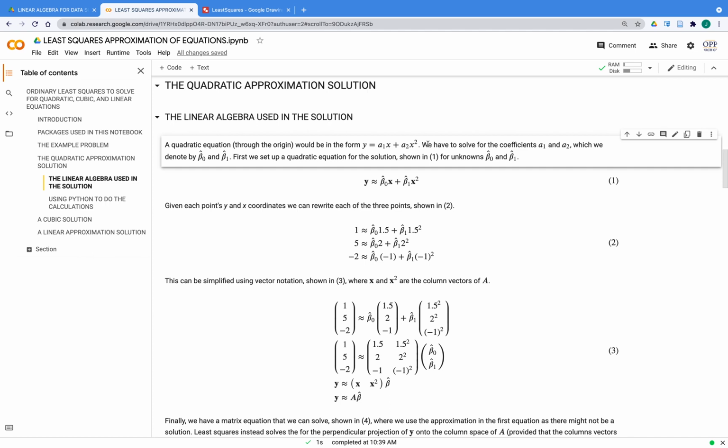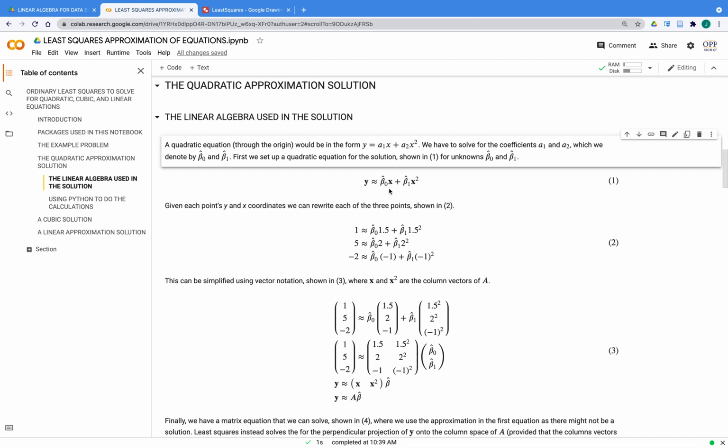So we use beta with a hat on, and for a sub 1, that specific coefficient, we can use beta sub 0, and for a sub 2, we can use beta sub 1. So in the end, we're going to have this equation, and we've got to solve for those beta values. So y is going to be approximately equal to beta sub 0 times x plus beta sub 1 x squared.